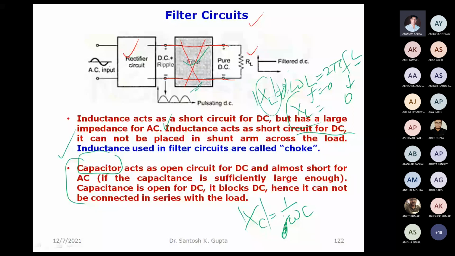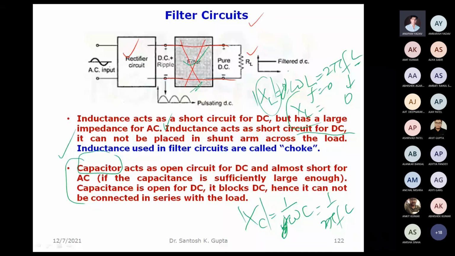So X is equal to 1 upon omega C. So actually it is just reversed. A capacitor acts like an open circuit for the DC signal, whereas it will give a low impedance path for the AC signals, and as the frequency increases, it will be more like a short circuit. So for very high frequency, the capacitor acts like a short circuit, whereas for DC signals, it acts like an open circuit.